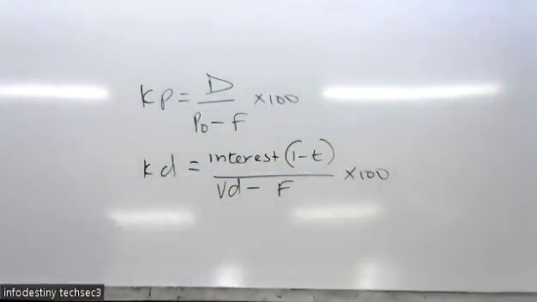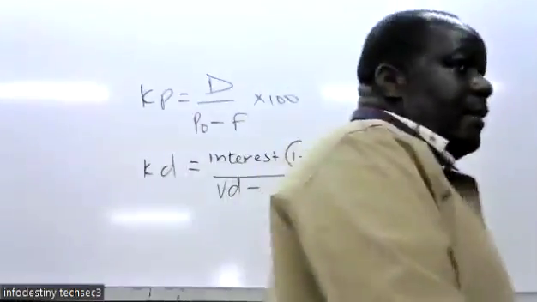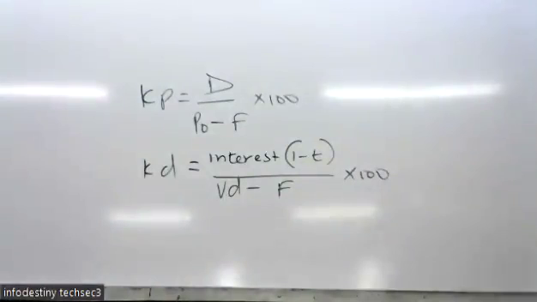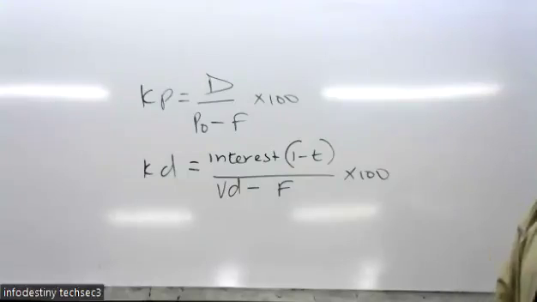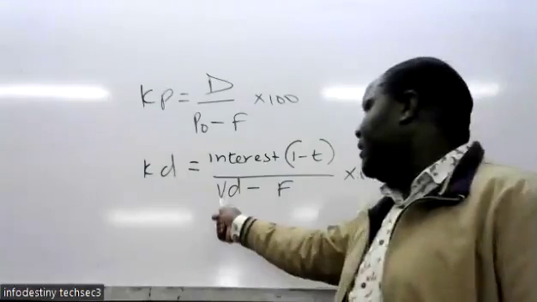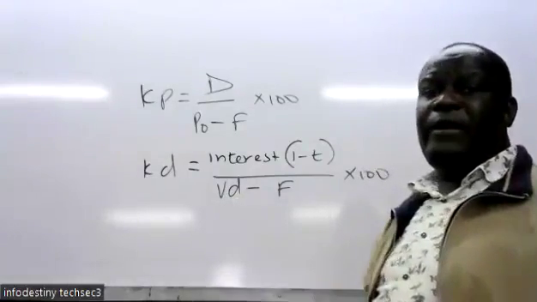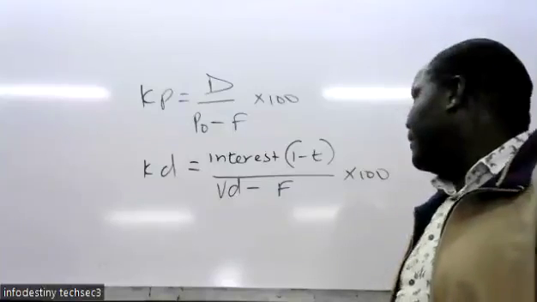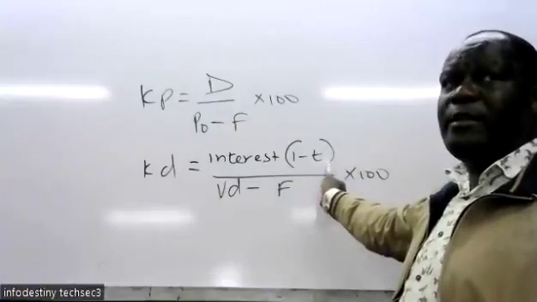So KD is the cost of the debt or the debenture. This one is the current value of the debenture. T is the corporate tax rate.